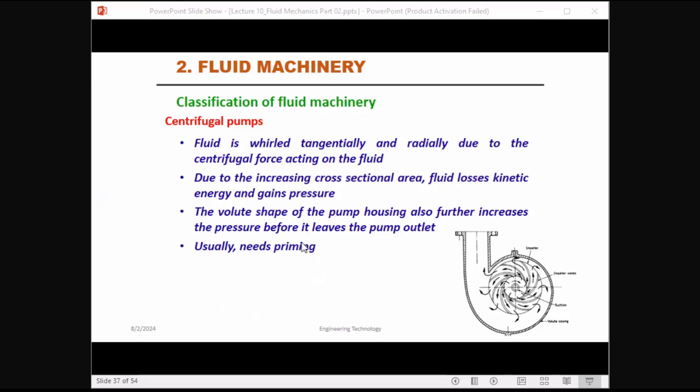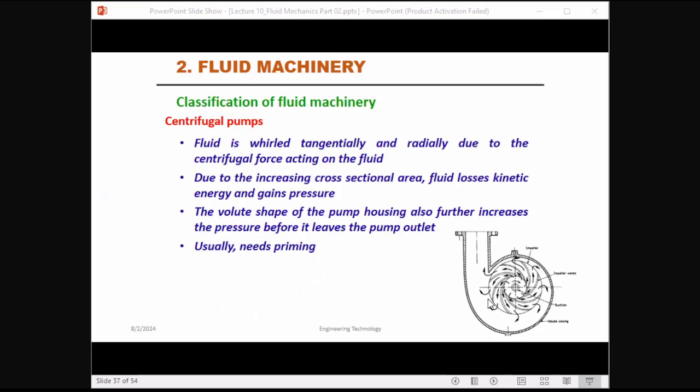When the impeller rotates, it imparts a spinning motion to the fluid. The fluid particles are pushed outward due to centrifugal force, causing the fluid to move radially from the center.